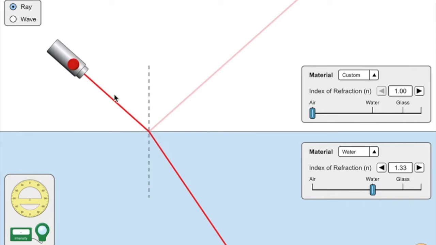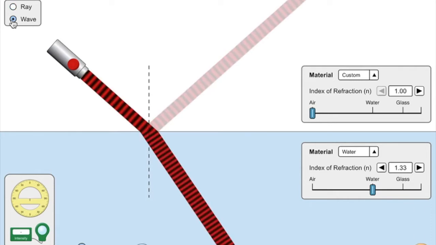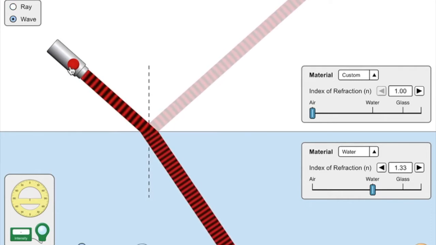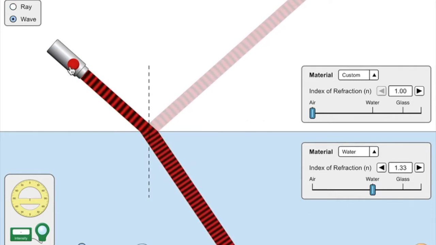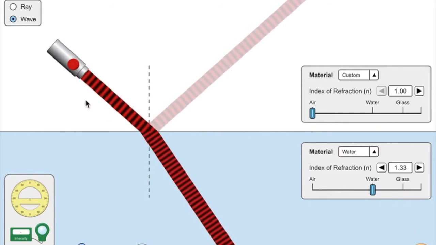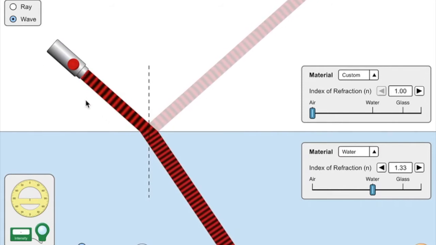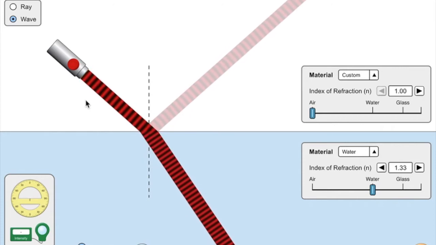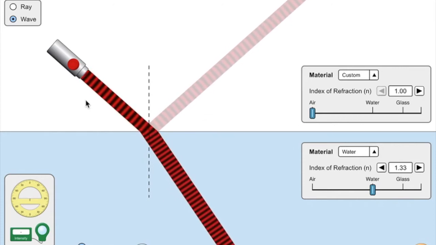If we had our light ray on like that, so that's a ray of light, like a laser beam or something like that, if we were to zoom in on that and look at it like this, then we might be able to see the peaks and the troughs, if you can remember how light is. Light is a series of peaks and troughs of light, this transverse light that's coming from our laser beam.